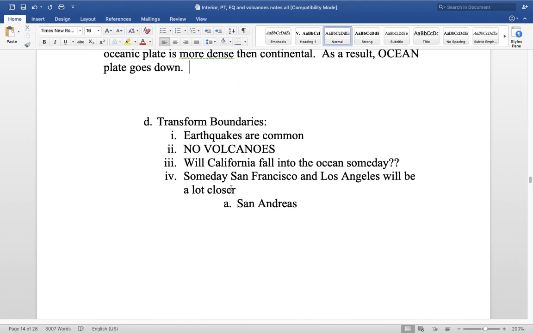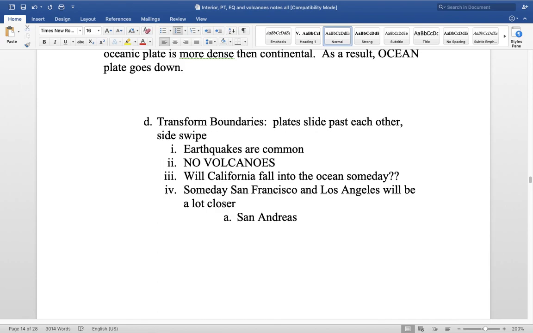Okay, the last one is called transform boundaries, all right? And at transform boundaries, plates don't come together, plates don't split apart, instead they slide past each other. So plates are going to slide past each other, okay? Sideswipe is another thing that we say. And here, at a transform boundary, you're going to have neither crust being created or crust being destroyed, okay?